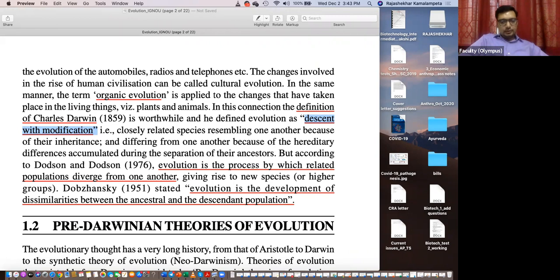So he said evolution is the development of dissimilarities between the ancestral and the descendant population. Same concept worded differently here. Dissimilarities mean change, right? From the previously existing population to the new populations, dissimilarities have increased, changes have increased. This is how we define evolution.